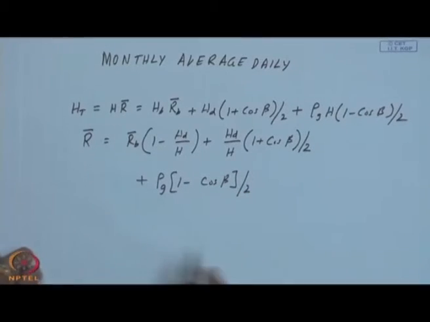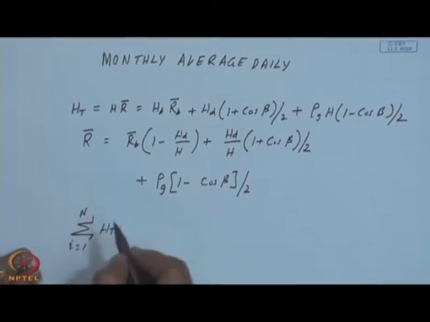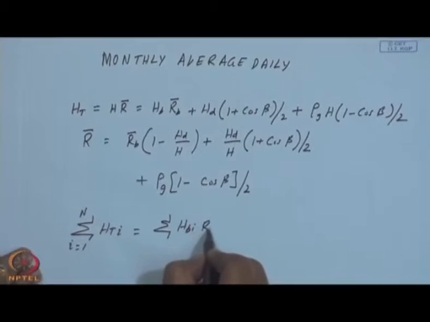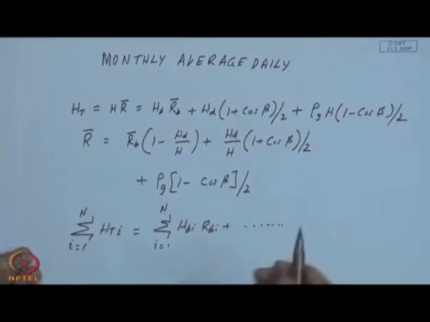Now, if we sum it up over all the days in the month, i varying from 1 to n, we will get several terms, H b i R b i summed from 1 to n, plus so on and so forth.